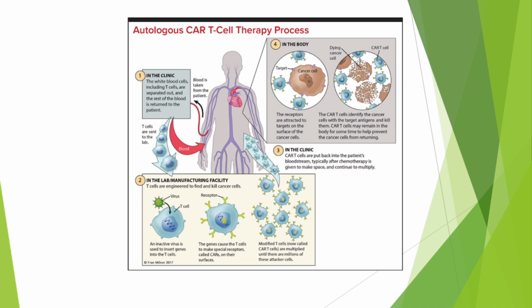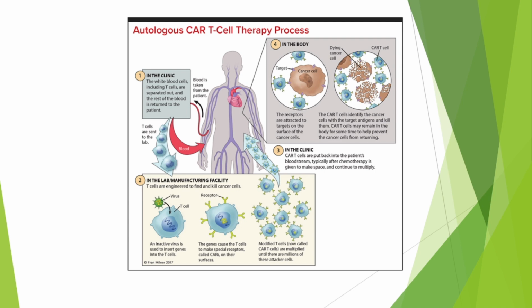Then the genes cause the T cells to make a specific receptor called chimeric antigen receptor on their surface. The modified T cells, now called chimeric antigen receptor T cells, are multiplied until there are millions or more of these cells.